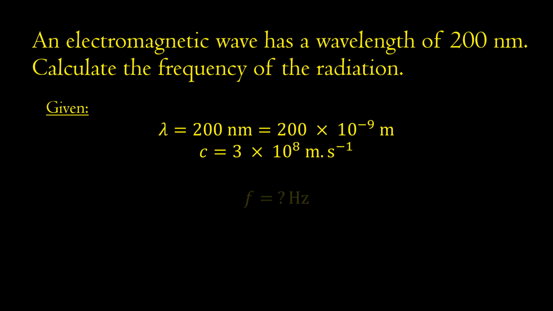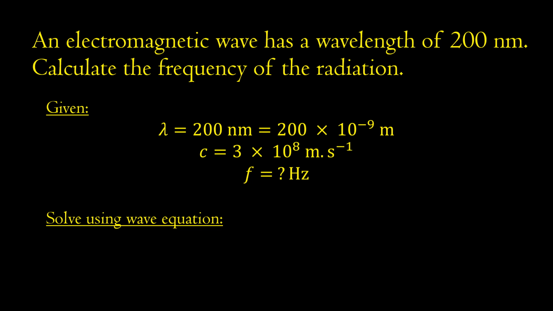What we have to do is calculate the frequency of this radiation, and the SI unit for frequency is hertz. So we will solve this problem using the wave equation, which is c equals the frequency f multiplied by the wavelength lambda.